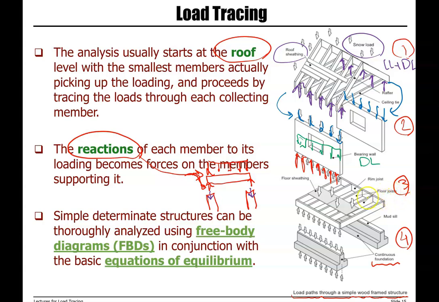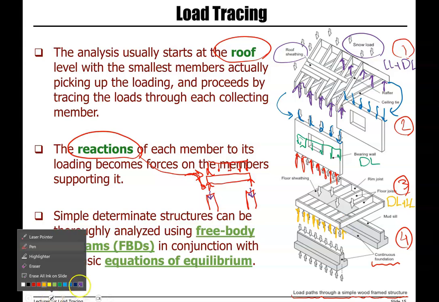But when we get to the flooring system, now we need to look at the dead load and live load. The dead load, we have structural elements. We have floor sheeting, rim joist, floor joist. We also have live load, which can be furniture, occupancy load, so everything. We need to calculate all of these and then calculate their reactions.